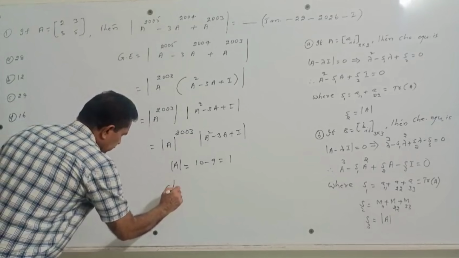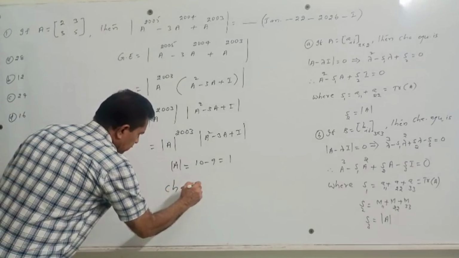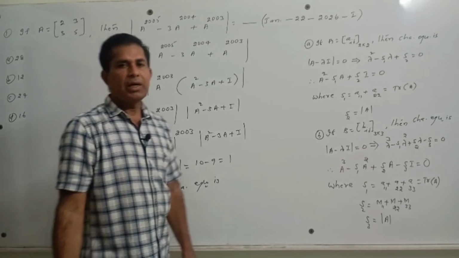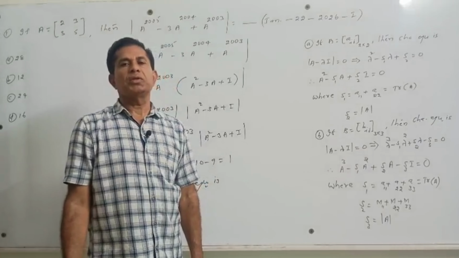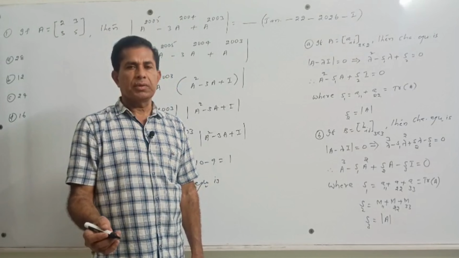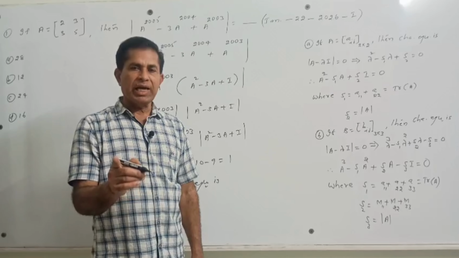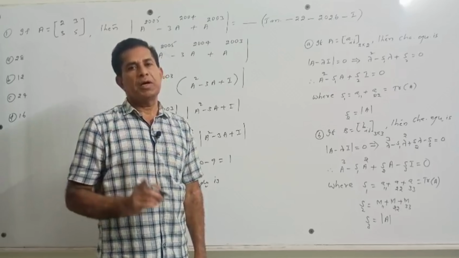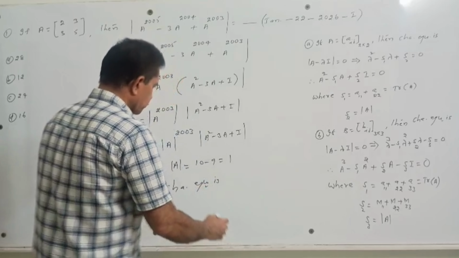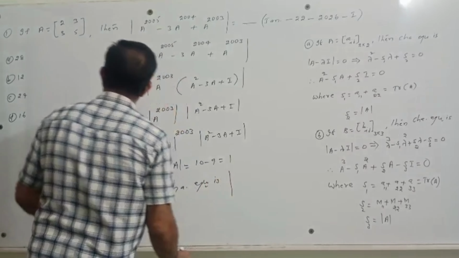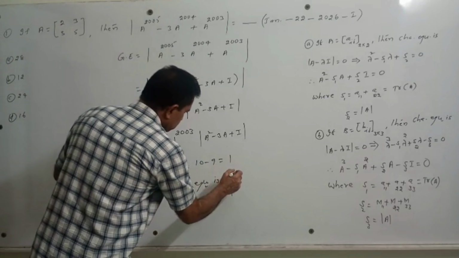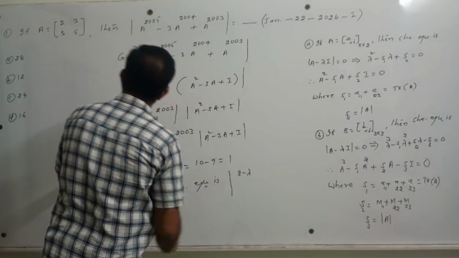So characteristic equation I am writing. To write down the characteristic equation, what is the procedure? Just in the given matrix, subtract lambda from elements in the principal diagonal. Take its determinant, equate to 0. So its characteristic equation is, this is element in the principal diagonal, so lambda is subtracted, 2 minus lambda.